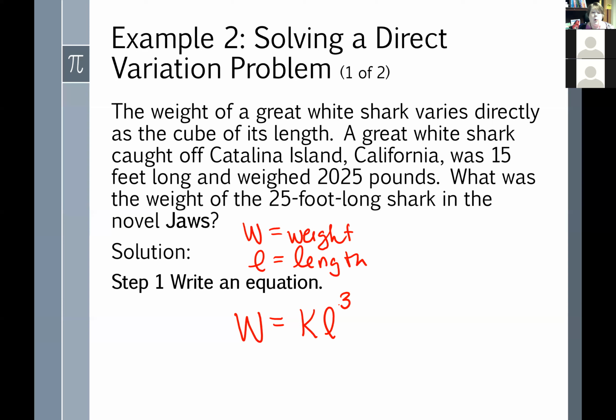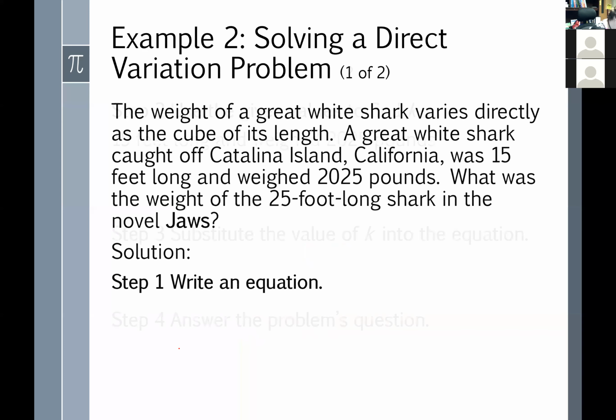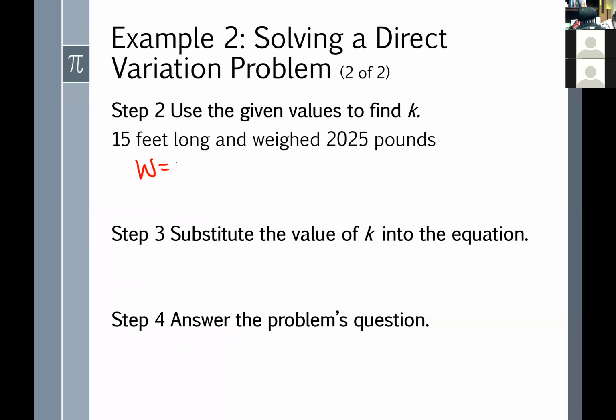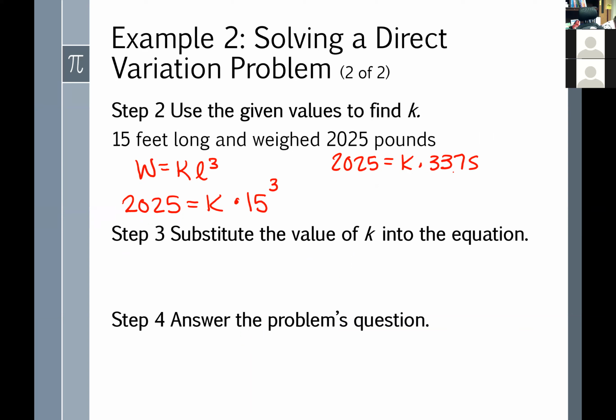Then what do they ask me? What was the weight of the 25-foot long shark in the novel Jaws? Okay, so the first thing we need to do is find K. So we have W equals K times L cubed. And we know that a 15-foot long shark weighs 2,025 pounds. So we make those substitutions. And I'm going to cube 15. And when I cube 15, I get 3,375.